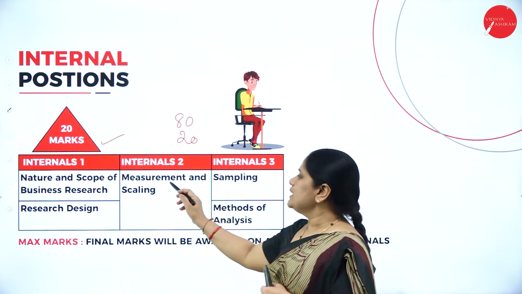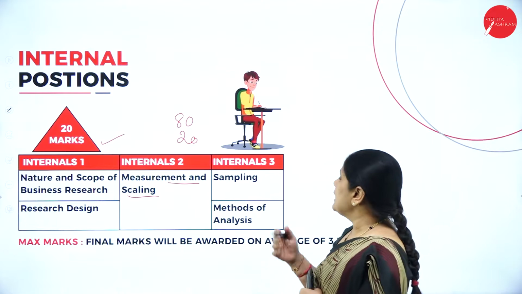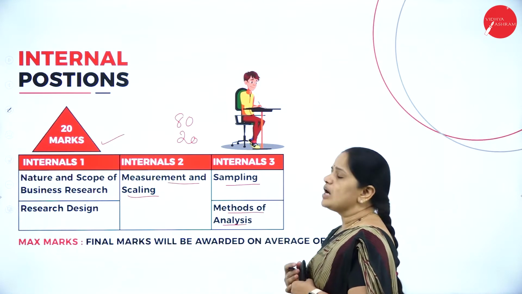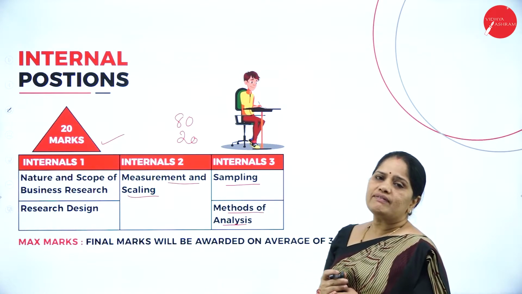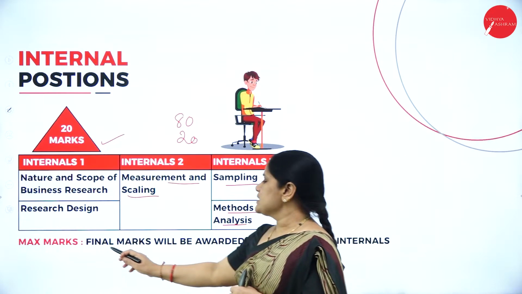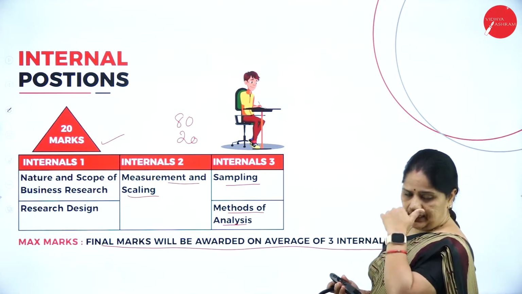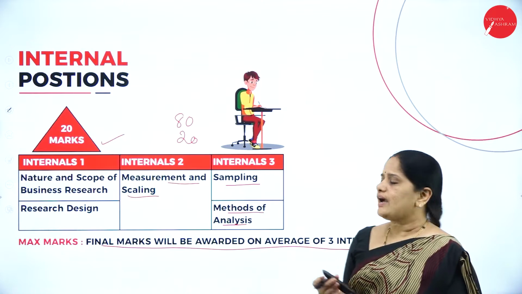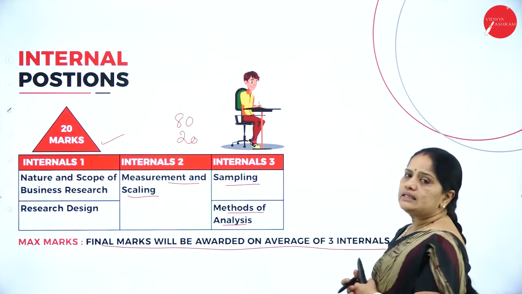For internal 2, we have measurement and scaling, and in internal 3, we have sampling, methods, and methods of analysis. That is, the 4th and 5th chapter we will be having for the 3rd internals. Then, the final marks will be awarded on the average of 3 internals. Based on the 3 internals, we take an average, and then we award the internal marks, which is usually for 20.